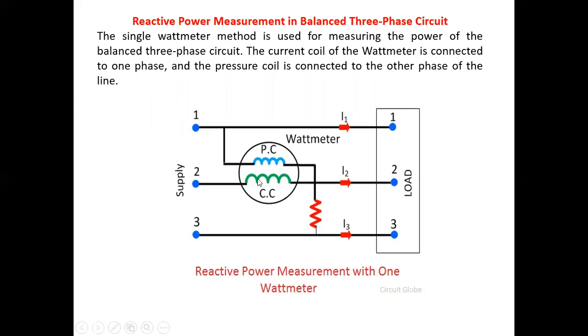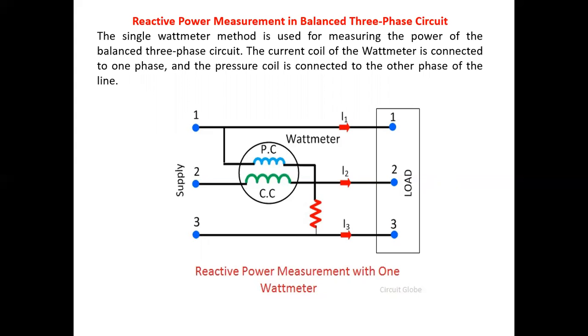For the connection of the wattmeter, the current coil is connected in series with one line, and the pressure coil is connected between the remaining two lines. Suppose the current coil is connected in series with line 2, then the pressure coil is connected between line 1 and 3. The reading shown by the wattmeter is the reactive power consumed by the load.